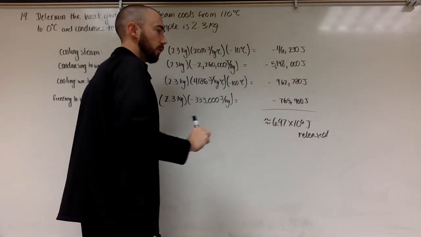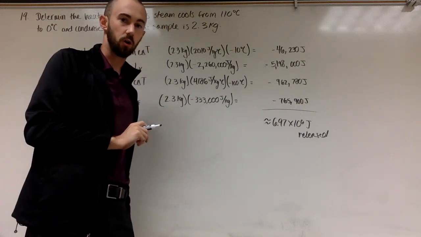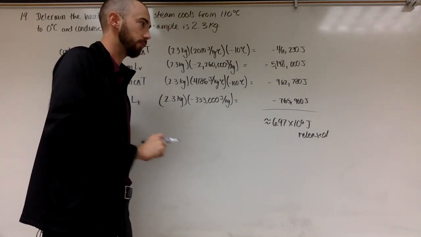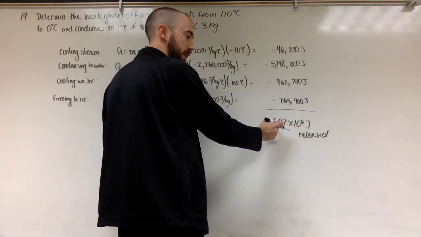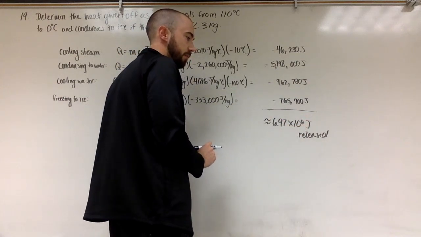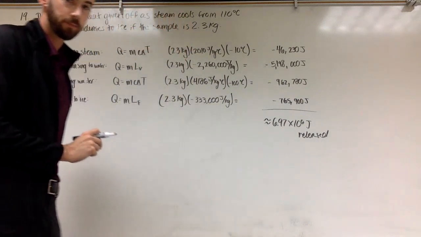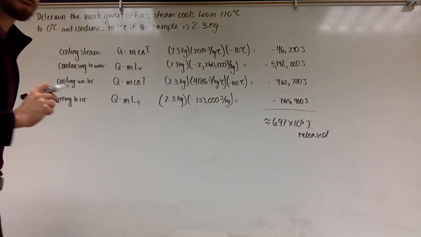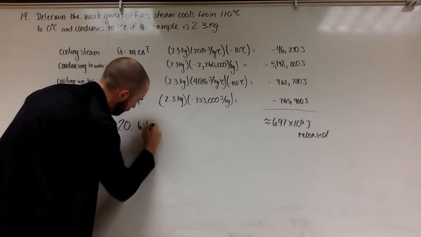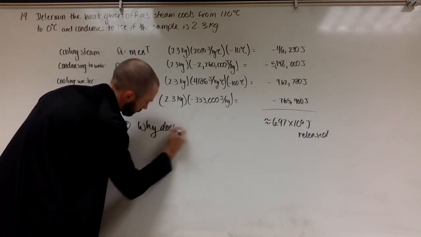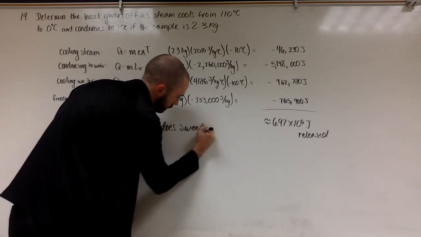So all of those four changes are going to be releasing energy. That's why we get negative. So when we go down the list, we add them up, we should get that we have almost 7 million joules released.